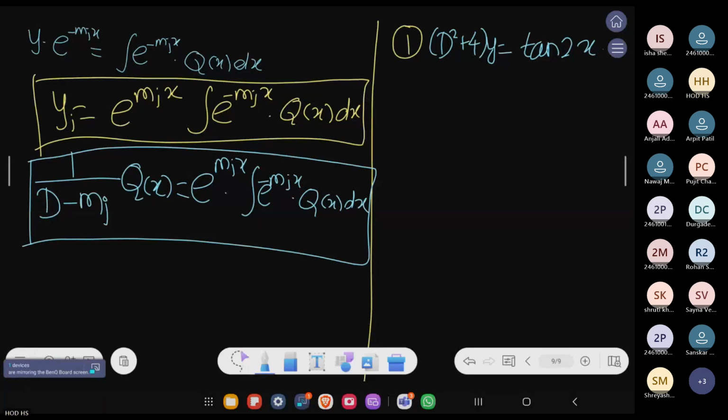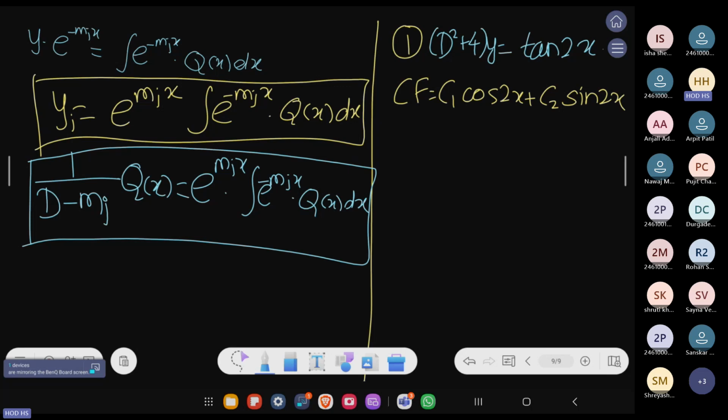The first thing that we always do is calculate the roots. My roots are complex. What are the complex roots? 2i and minus 2i. In this case, my CF is given by C1 cos 2x plus C2 sin 2x. Why? Because there is no exponential part.